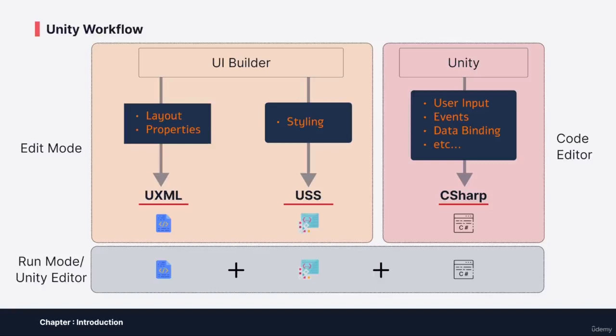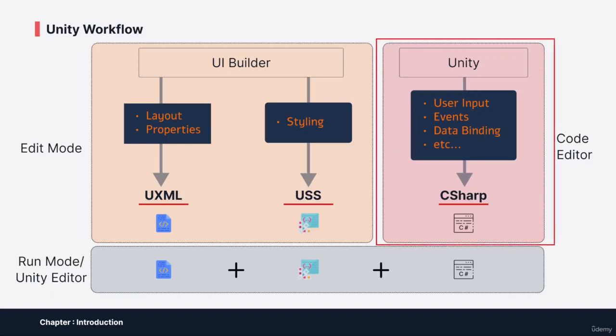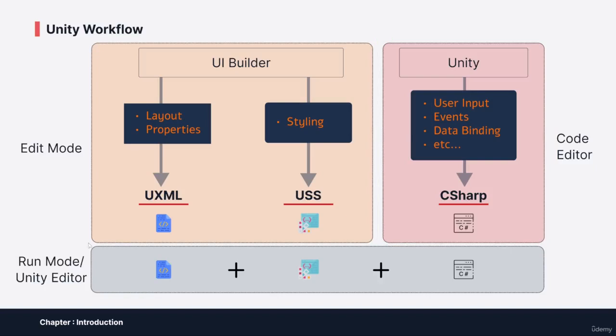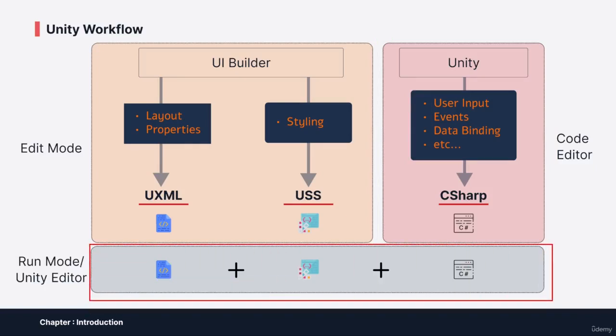So, in order to now wrap up our workflow chapter, we will just have a look at a very small example of how to bring in a C# script and define a very simple piece of functionality on our UI. And then we will bring it all together and actually have our first real runtime UI in the game view.